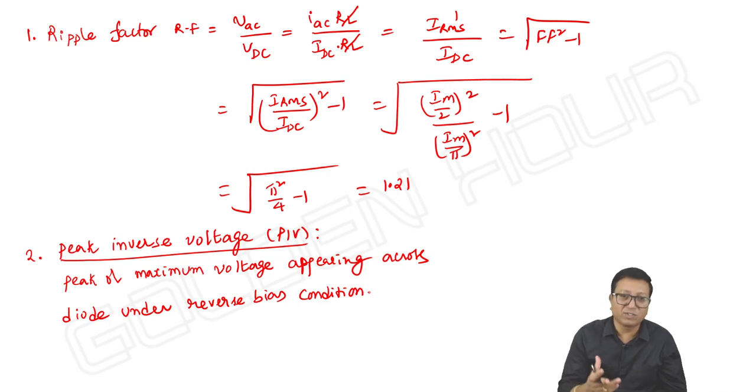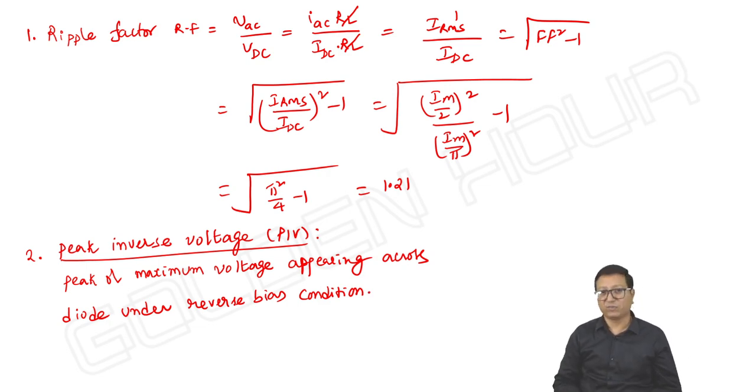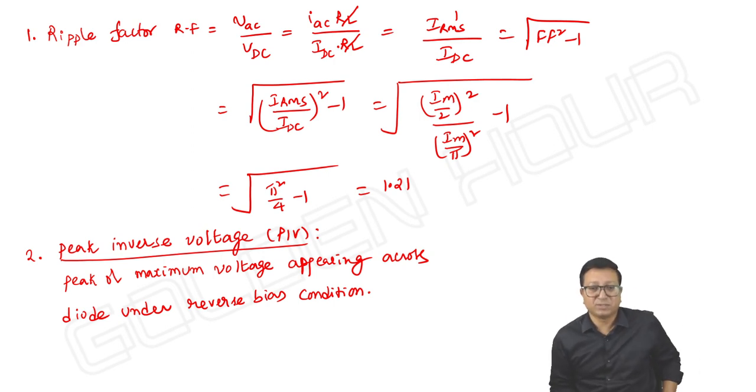In reverse bias, what is the peak or the maximum voltage appearing across the diode? Okay, that is known as peak inverse voltage. Peak inverse means in reverse bias, that's the meaning of it, peak or maximum voltage across the diode.